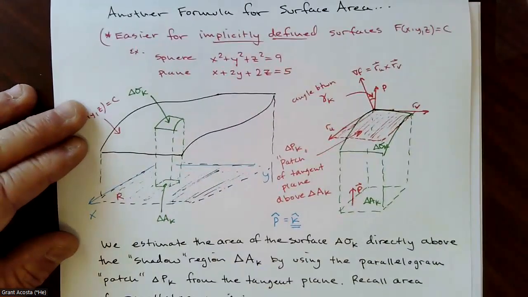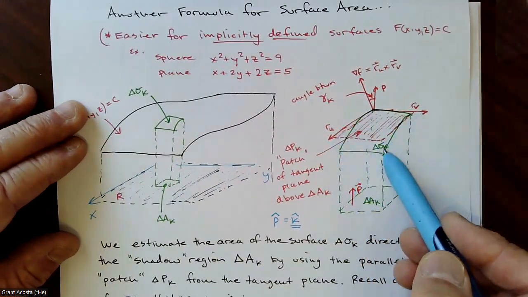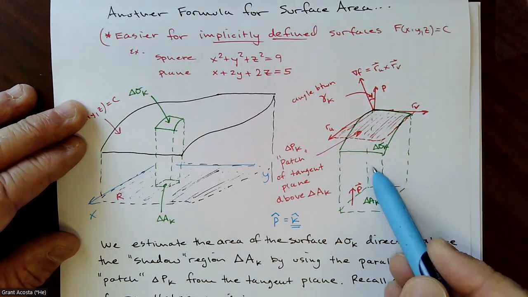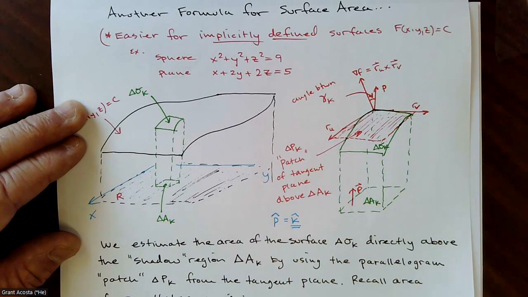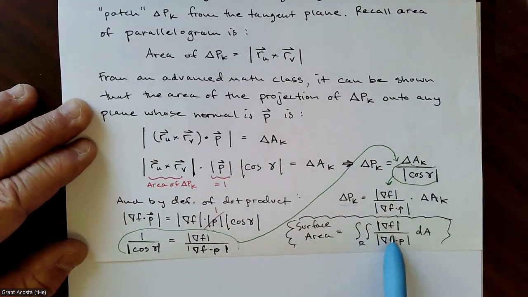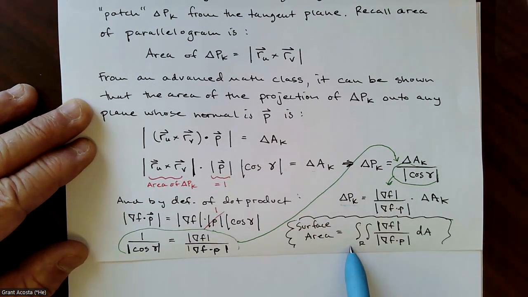Again, look at the picture. That's how I get from the area of this patch right here to the area of the patch down below. It's just a scaled version of that. And so I can integrate this formula over the entire region in the plane. Most of the time it'll be the XY plane. So there's a new formula for how to find the surface area.